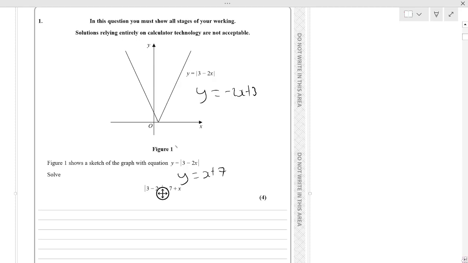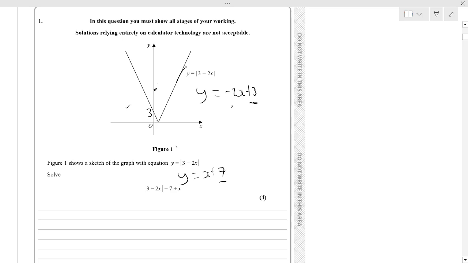So this modulus line is going to be steeper than this line, because the gradient of this line is just 1. However, notice the y-intercept is 3 and this one's 7. So if this is 3, we need the y-intercept at 7 with a gradient of 1, so it's like y equals x, but it goes through 7 instead.